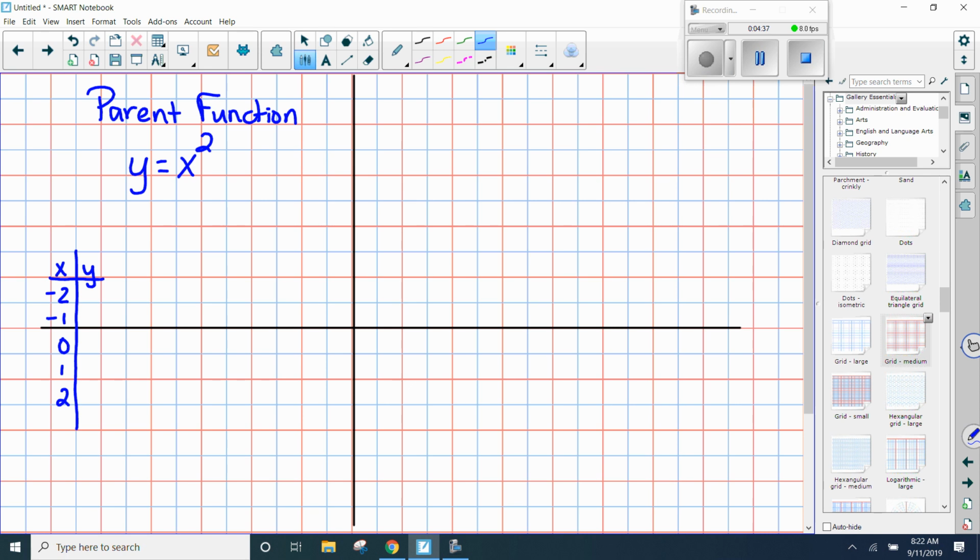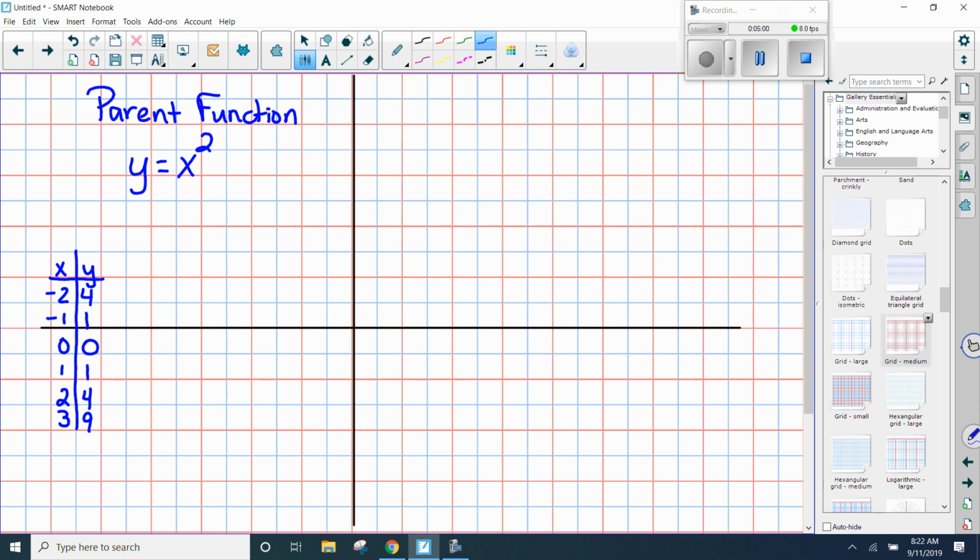So if I have -2, what's -2 squared? 4. If I put -1 in, -1 squared is 1. If you put 0 in, you get 0. 1 squared is 1. 2 squared is 4. 3 squared is 9. You could do -3 as well.